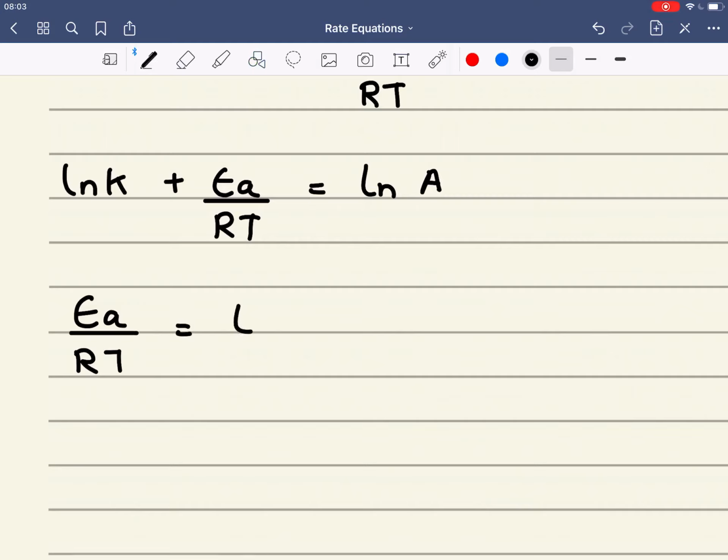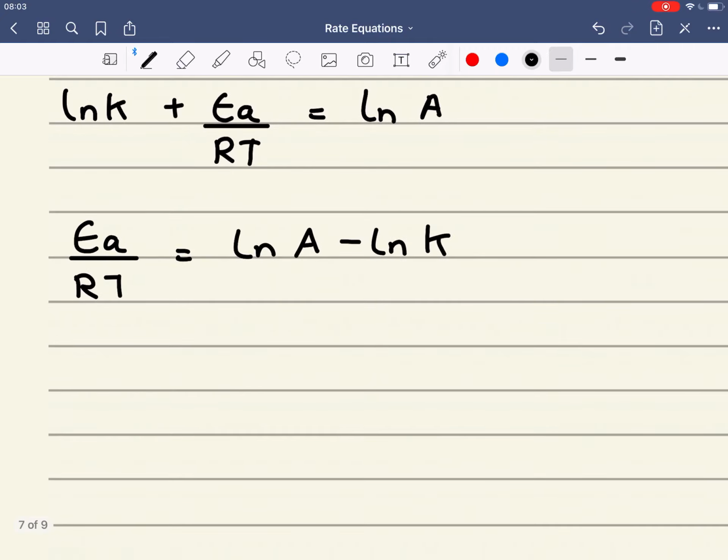equals ln A minus ln K. And then we simply need to multiply both sides by RT. That then becomes EA equals ln A minus ln K, RT.